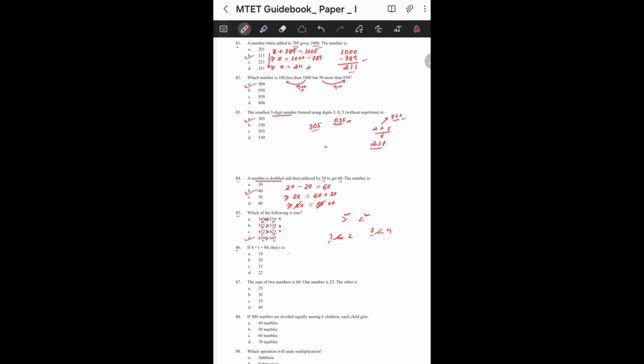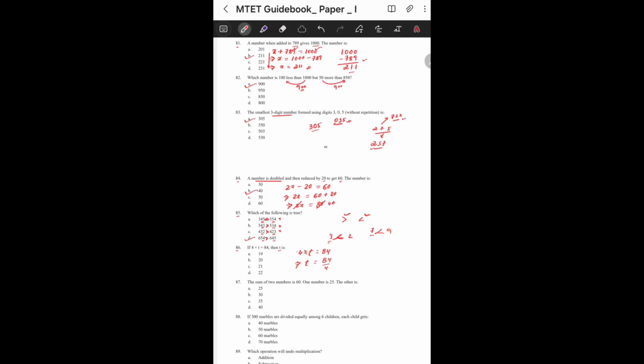Next question number 86, they have given 4 into t is equal to 84. And in the question they ask you to find the value of t. So how to find it? t is equal to 84 divided by 4.